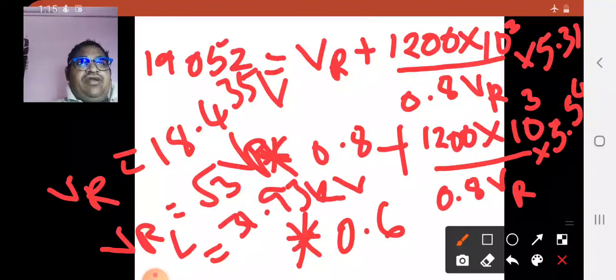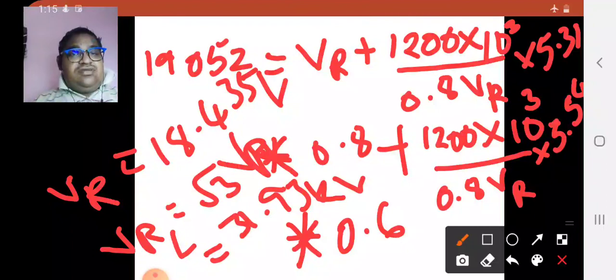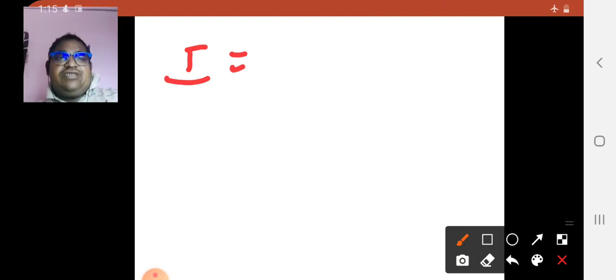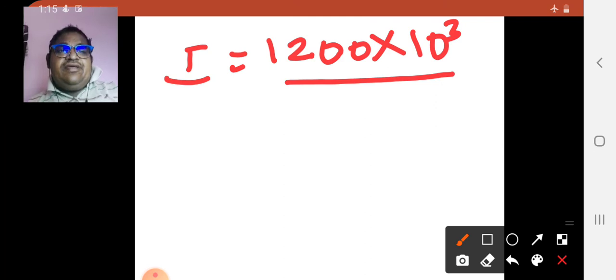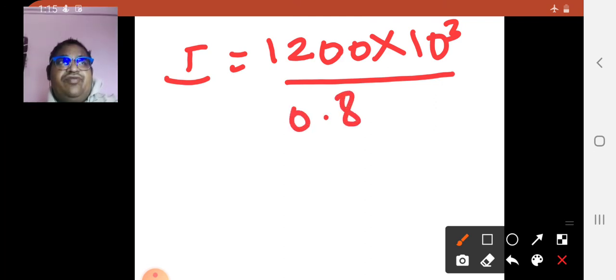Yes, now we got the VR. Then what is line current? The answer: line voltage is 31.93 kilovolts and phase voltage is 18.435 kilovolts. Line current I is equal to 1200 into 10 cube by 0.8 into VR.